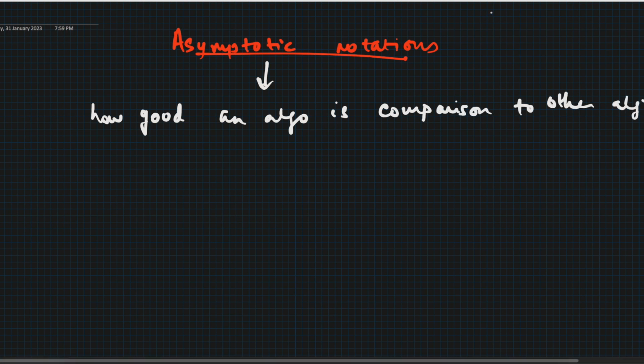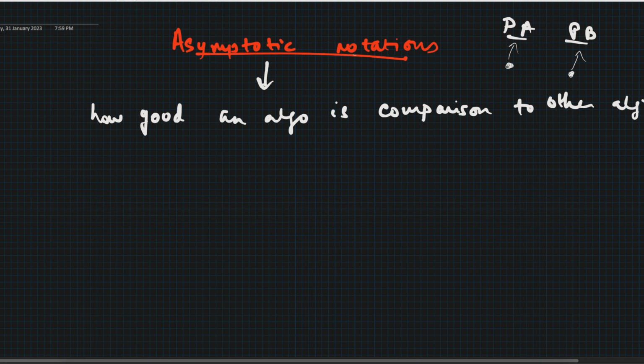When I was saying in the previous section that program A and program B are running two different algorithms, we want to compare whether the time complexity is better for A or for B. How do we compare? To compare, we need a certain benchmark, right? That is why these notations have come into the picture.